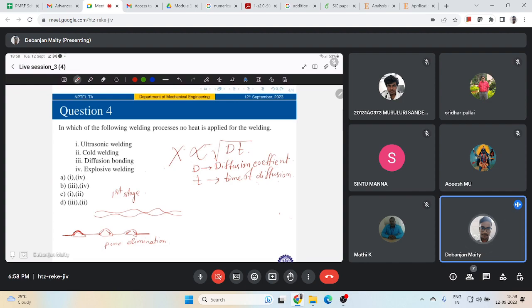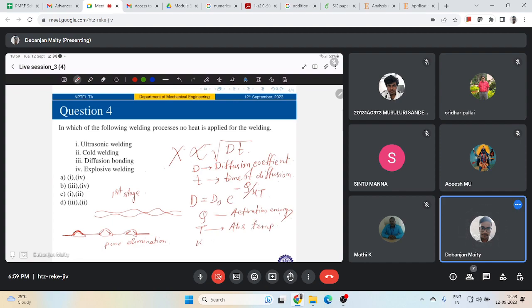And how is the diffusion coefficient varying with temperature? There is one relation: D equals D naught into e to the power minus Q by kT, where Q is your activation energy, T is your absolute temperature.